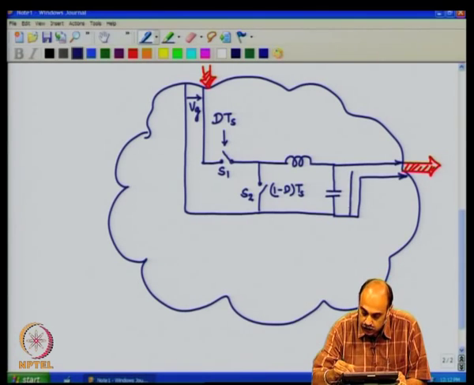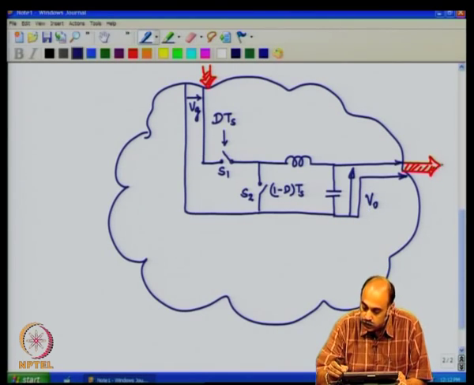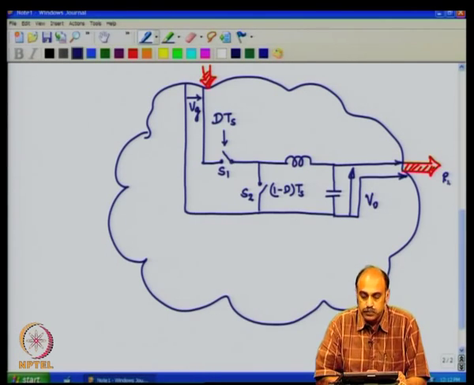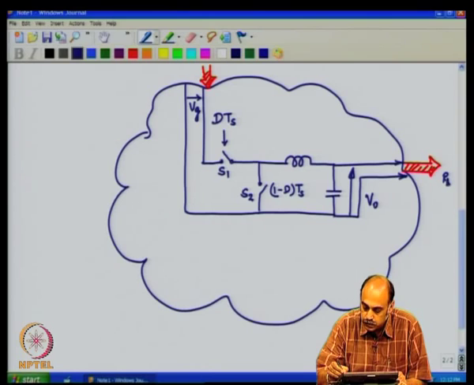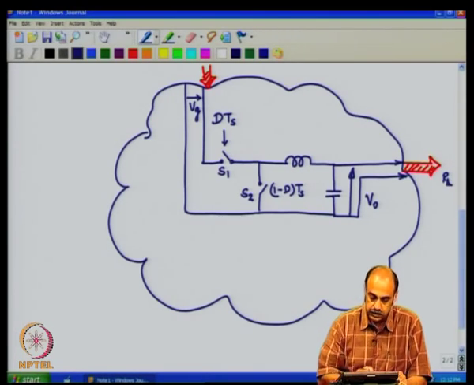Where the output here is Vo and the load is connected external to this plant, because it is decided not by the plant, but by the user.